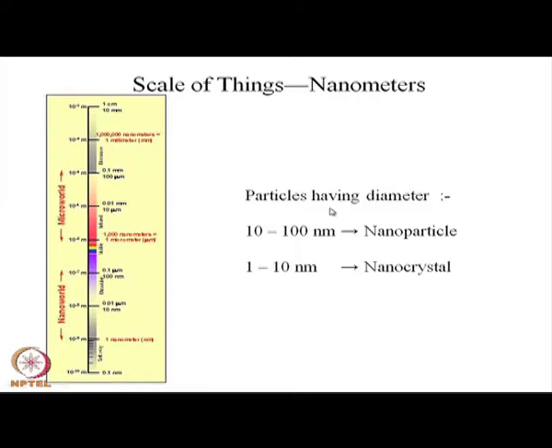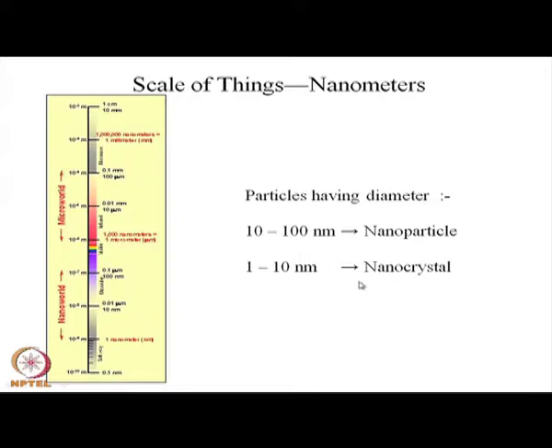Particles having diameter of the order of 10 to 100 nanometer are called in general nanoparticles. Nanomaterials with these dimensions are nanoparticles, and 1 to 10 nanometer are nanocrystals, and in this domain of nanocrystals quantum dots reside. So quantum dots will come in this region.